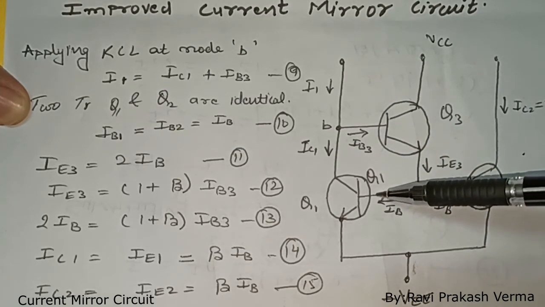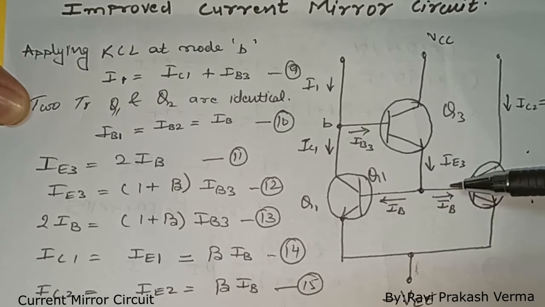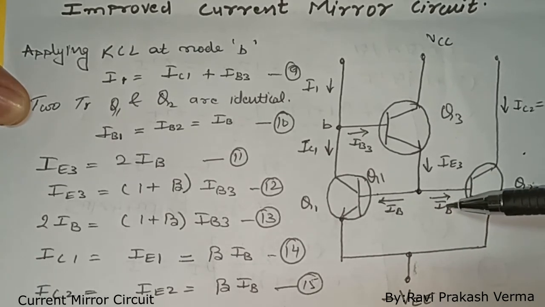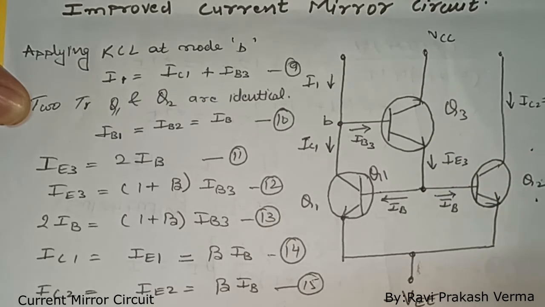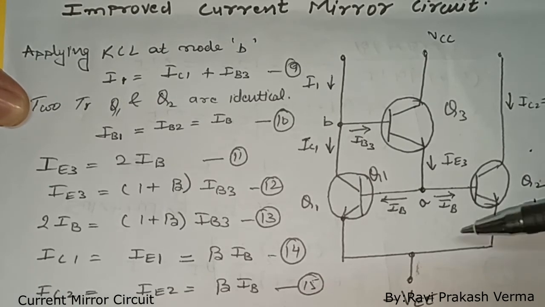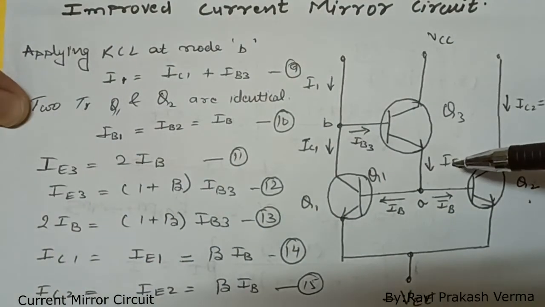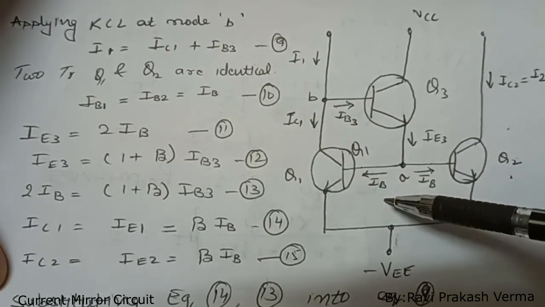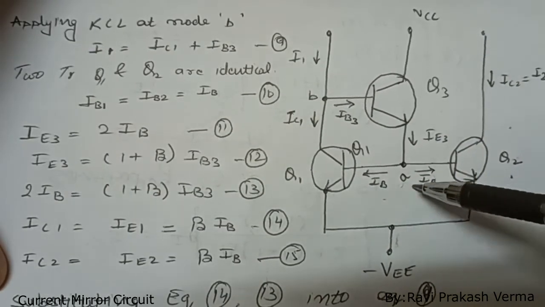I have already told that the two transistors Q1 and Q2 are identical, so the base current IB1 equals IB2 equals IB. These two currents are equal. At node A, we can say that this current IE3 equals 2IB.